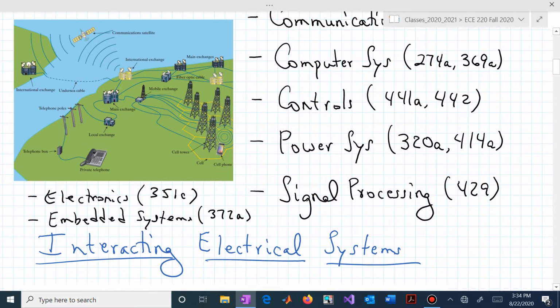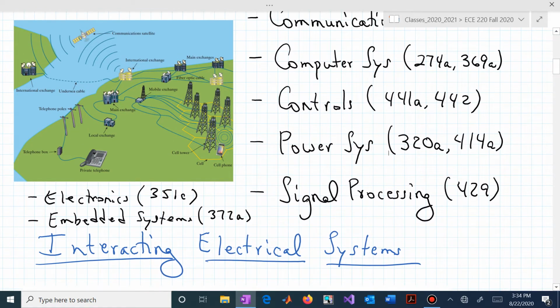All of these systems, please don't think that, oh, I'm just going to go into power and that's all I will ever see. Usually these areas, and even the general engineering disciplines, mechanical, chemical, systems, they all have to work together. They interact. There's no difference in the subdisciplines within electrical and computer engineering.